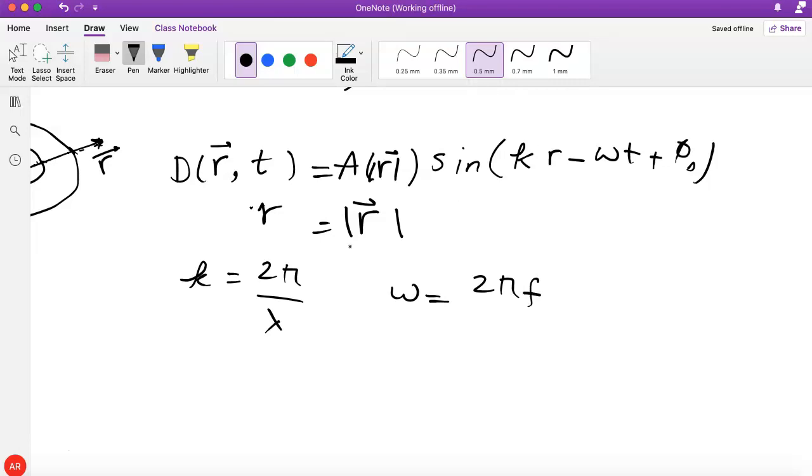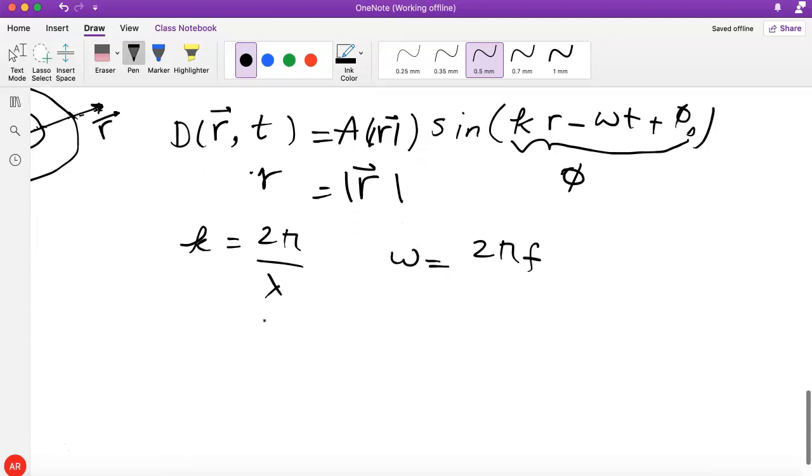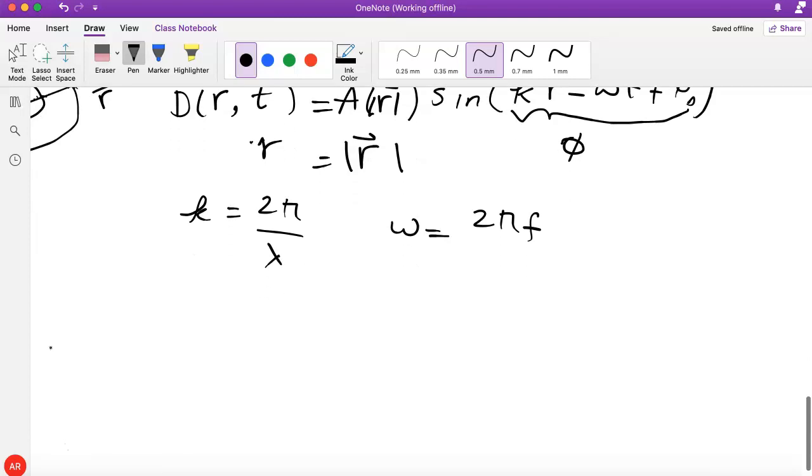So it turns out that the argument of the sine is quite an important quantity in describing the wave, for reasons that we will see in the next chapter.